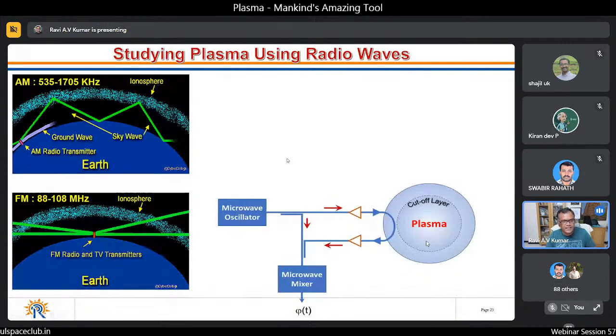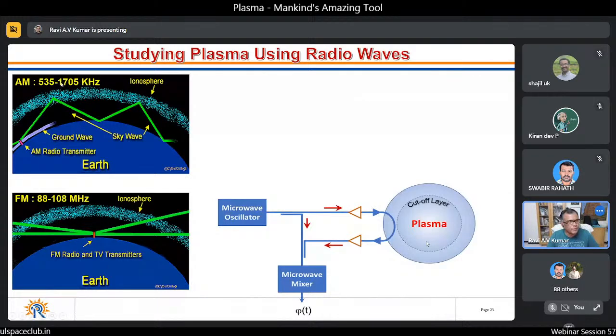The second example is radio waves. All of you must have noticed that you can hear BBC London or All India Radio Delhi or Radio America, whatever, sitting at your home, but you cannot hear FM radio from the next town. Why is that? Simply because of the frequency of radiation. Our Earth has something called an ionosphere, and from the name it is obvious that it has ions, charged particles, in it.